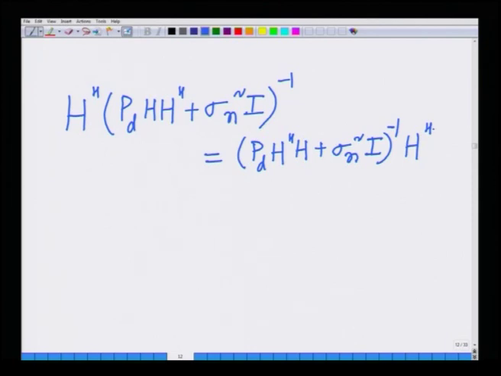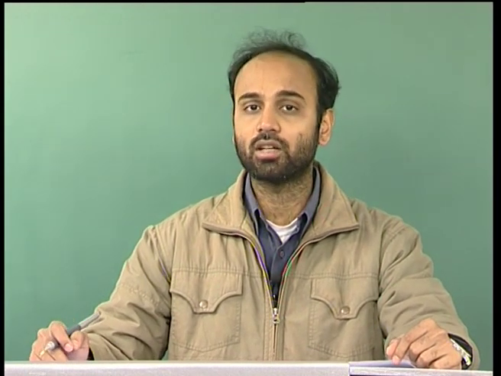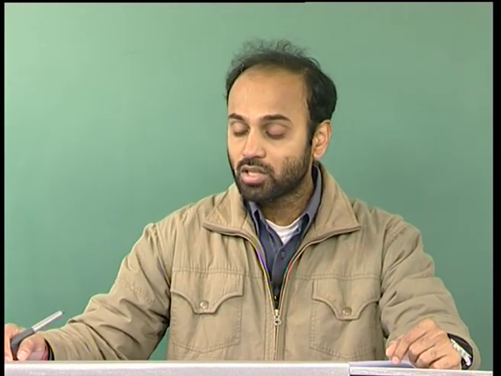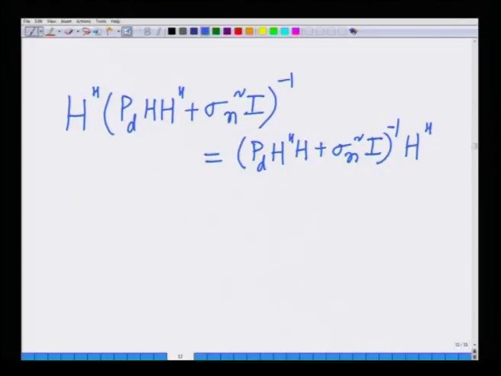It might seem a priori that these two are exactly the same, but look at the brackets. Here I have h h Hermitian, which is r cross r dimensional, and here h Hermitian h, which is t cross t dimensional. Remember the number of transmit antennas is smaller than the number of receive antennas, which means inverting the t cross t matrix is simpler than inverting the r cross r matrix. So, it has a nice structure.